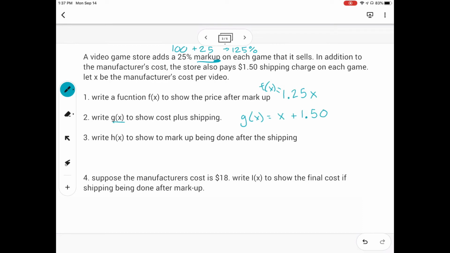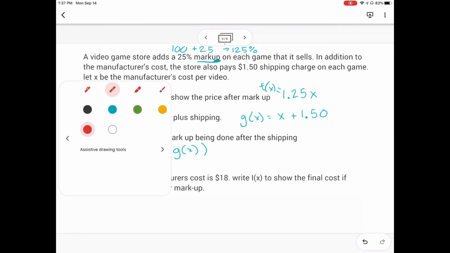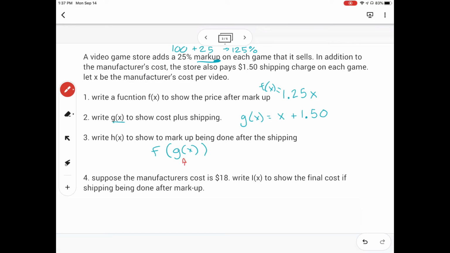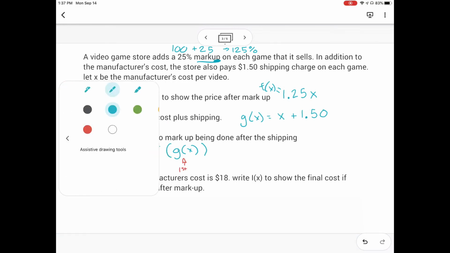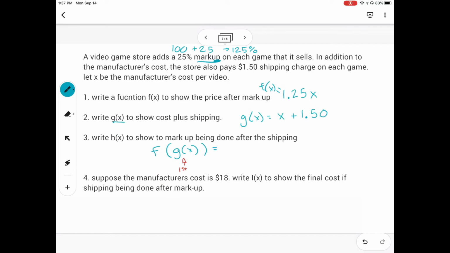Now write h of x to show the markup done after the shipping. So shipping is first. If it's first, it goes in the middle, which means f would go on the outside because it's happening second. So the thing in the middle is the first. So we'll write f of g of x.